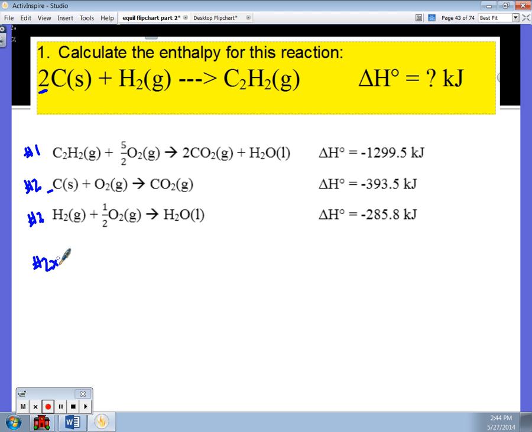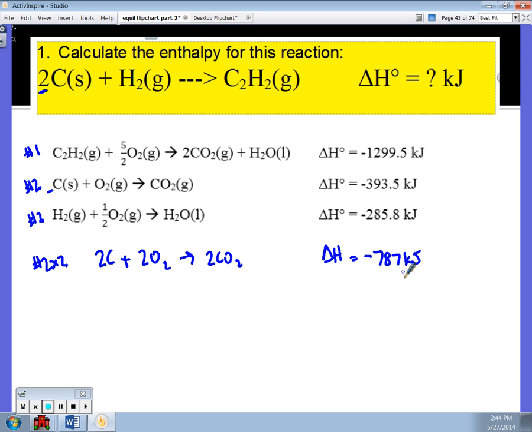When I do, I get 2 times 1, 2 carbons, plus 2 times 1, 2 oxygens, yields 2 times 1, 2 carbon dioxides. My delta H value, I also have to multiply it through by 2. So instead of being 393, it's going to be a negative 787 kilojoules.